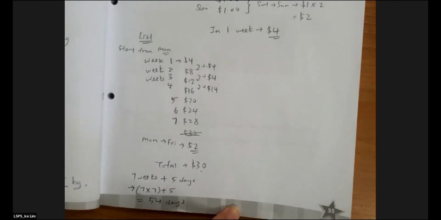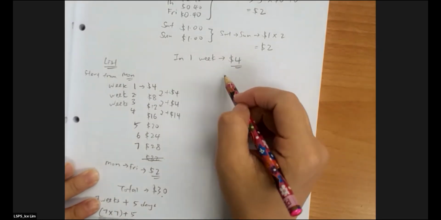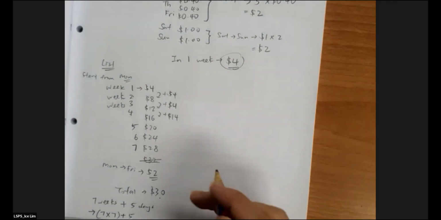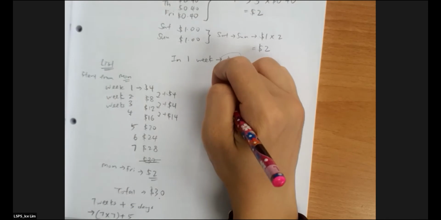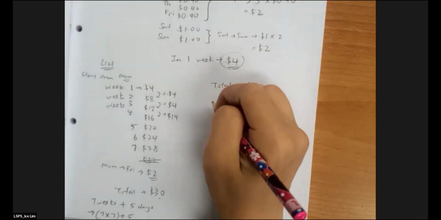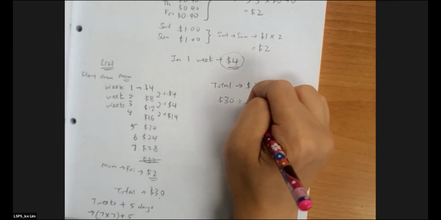Now, shortcut. What's the shortcut? Shortcut is this. I know 1 week is $4. So total is $30. So I can do $30 divided by $4.